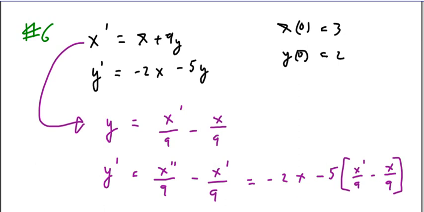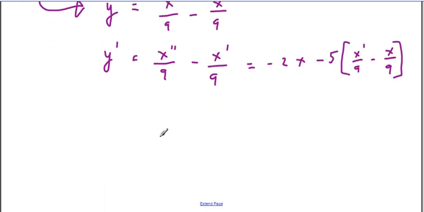I'm going to look that over a little bit, and I'm going to say, well, that's going to boil down to x double prime plus 4x prime plus 13x is equal to 0.